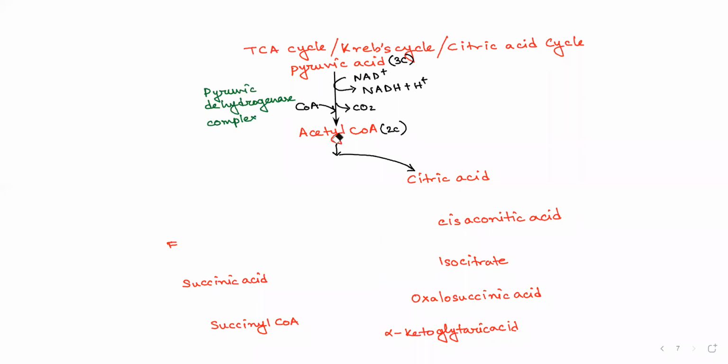One moment, it actually has to come as a circle, so I'm just trying to draw it accordingly. While you are drawing, you can use a compass to create a circle and then erase between parts and then draw. Fumaric acid, malic acid, oxaloacetic acid.